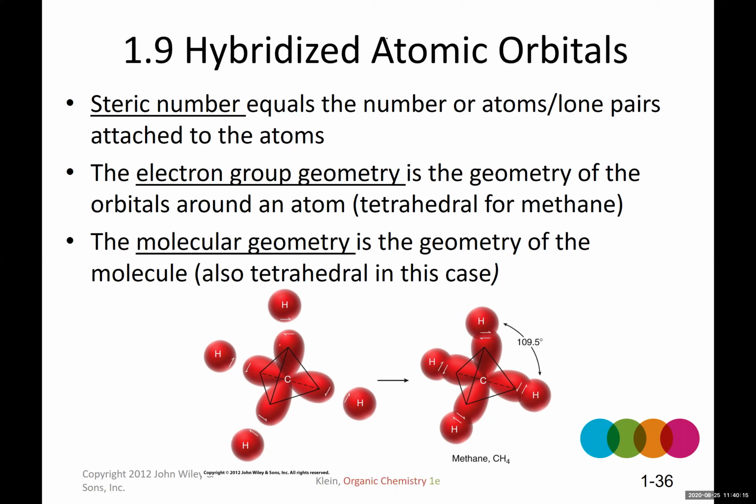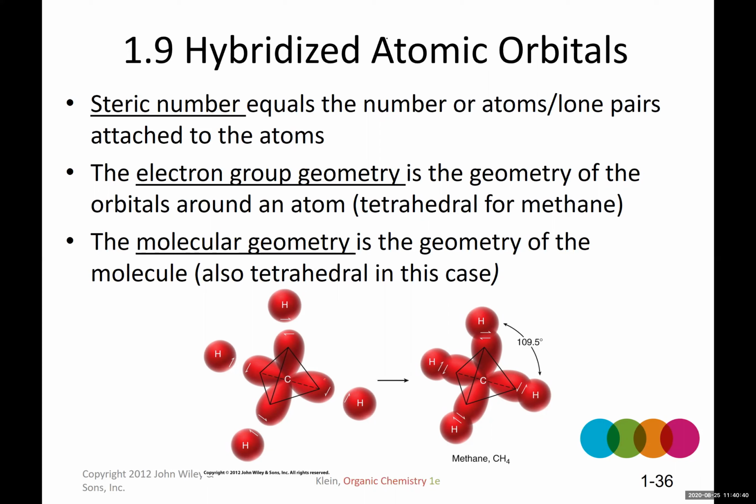And then there's finally what's called the molecular geometry. The molecular geometry is defined only by the position of nuclei. Now, in this case, all four positions of the tetrahedron have hydrogen atoms on them, so the molecular geometry in this case is also tetrahedral.